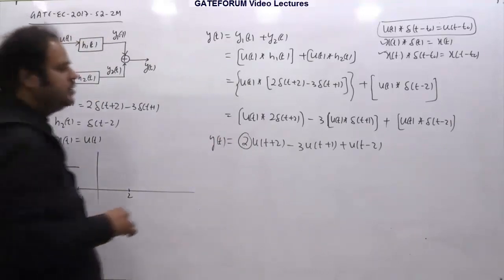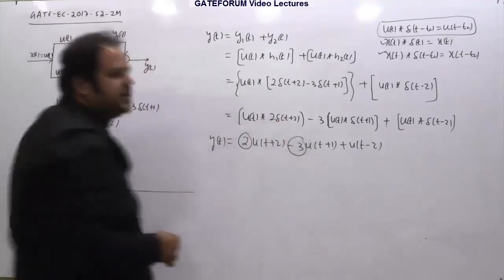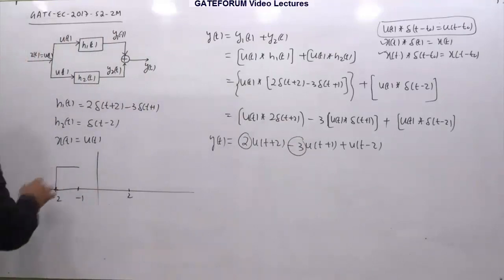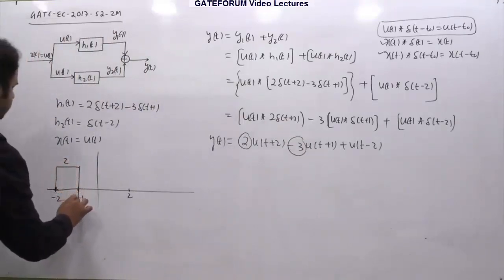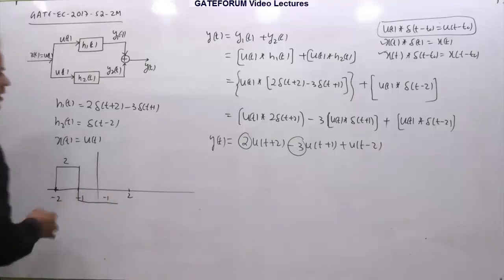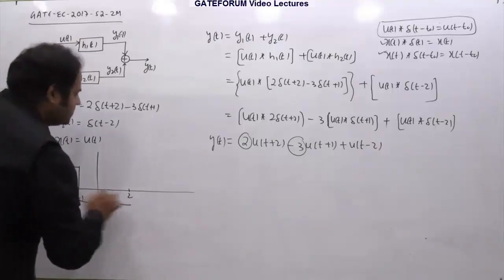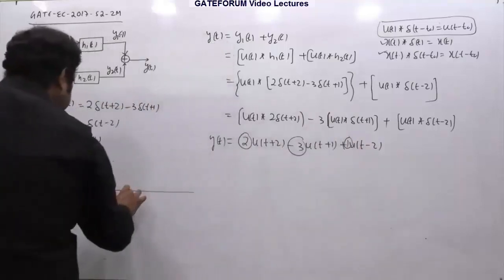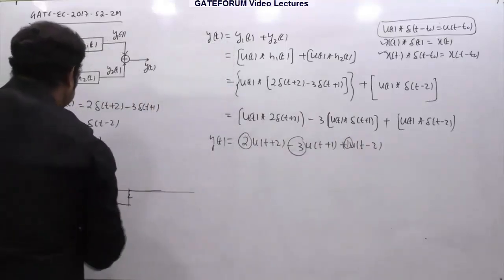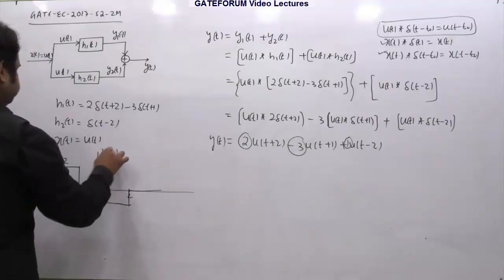At minus 1 I'm introducing minus 3, so the net is 2 minus 3, which is minus 1. I'll move with minus 1 till 2. At t equals 2 I'm introducing plus 1, so minus 1 plus 1 becomes 0. This is the waveform of y of t.